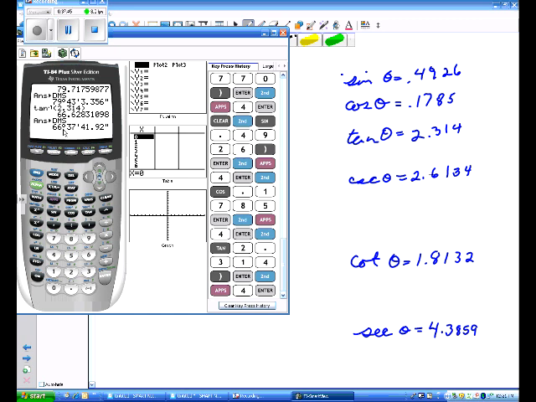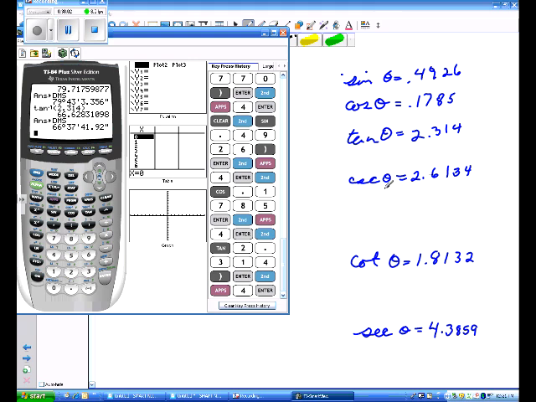To the nearest second, 66 degrees, 37 minutes, 42 seconds. To the nearest degree would be 66 degrees.